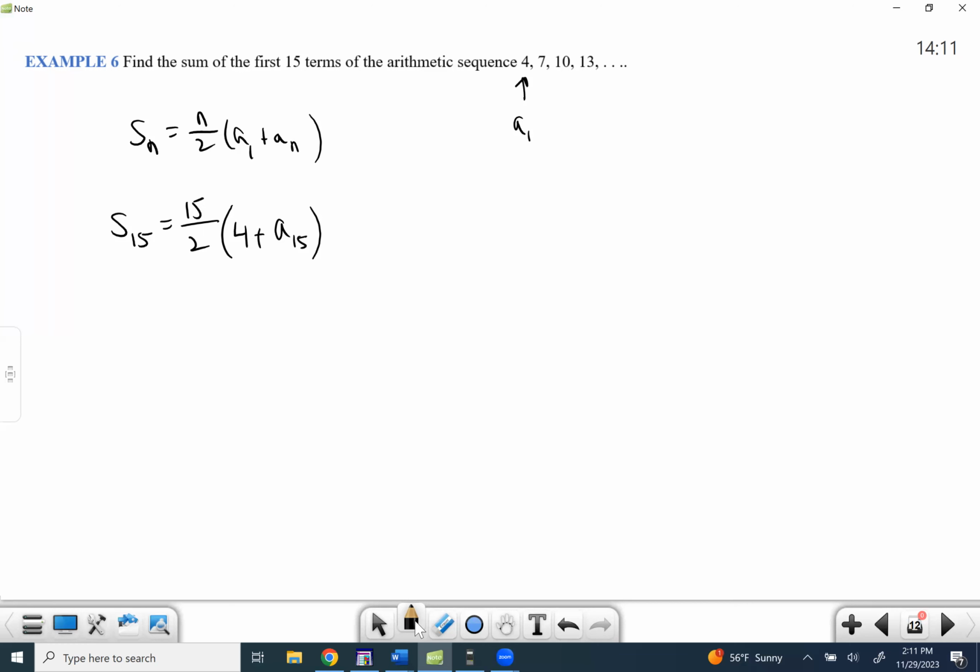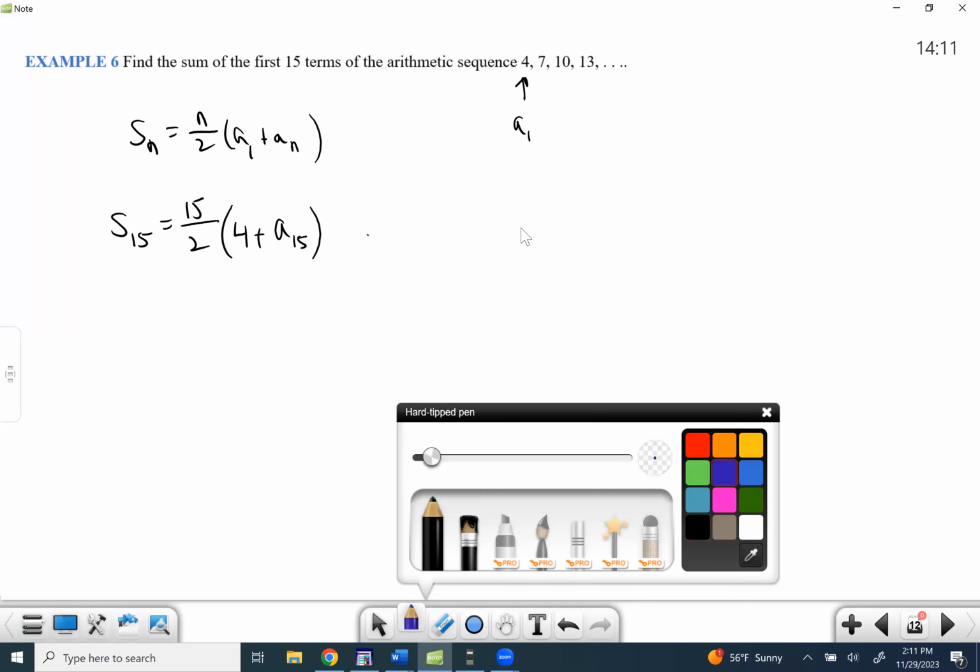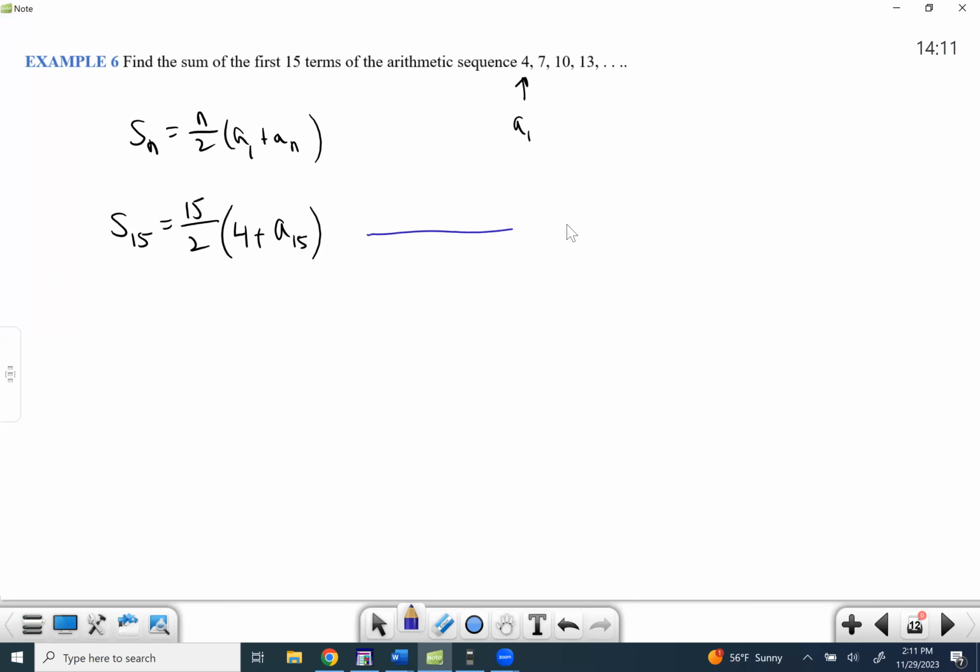So we're going to have to do a little detour here, right? So detour, this formula will help us find the 15th term. So if we want a sub 15, a sub 1, which is 4, n is 15, so we want the 15th term.